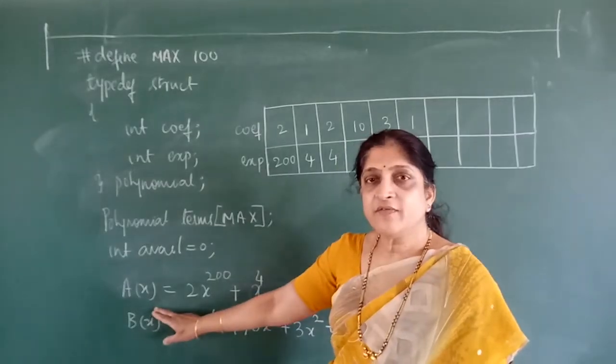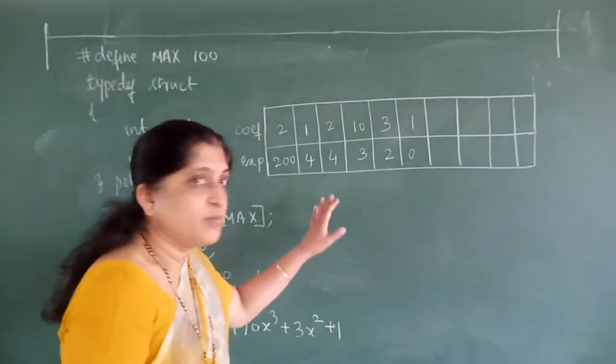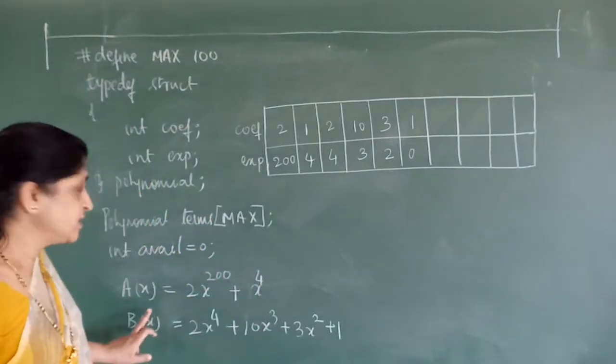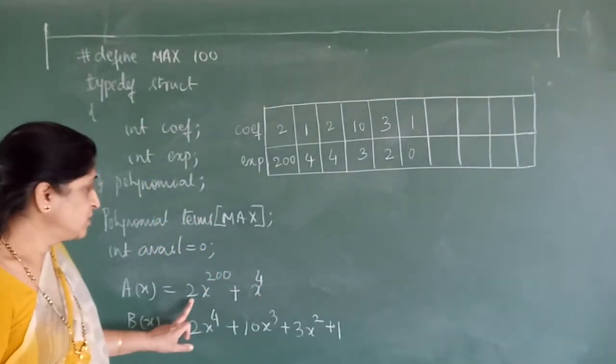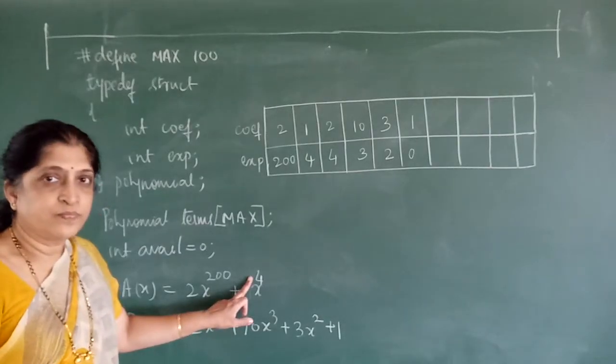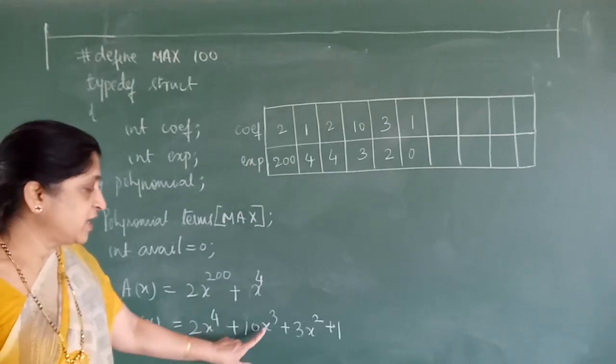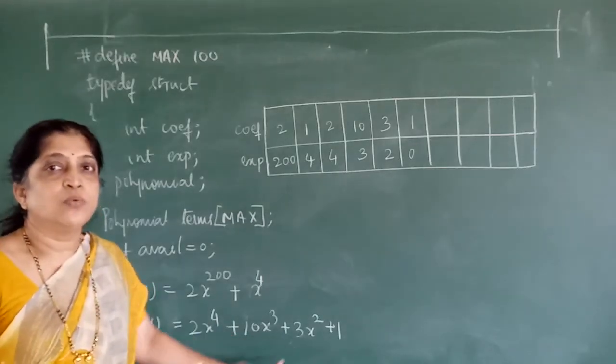And here I have an example in this diagram. I have an example where I am representing two polynomials, A(x), which is 2x to the power 200 plus x to the power 4, and the second polynomial is 2x to the power 4 plus 10x cube plus 3x square plus 1.